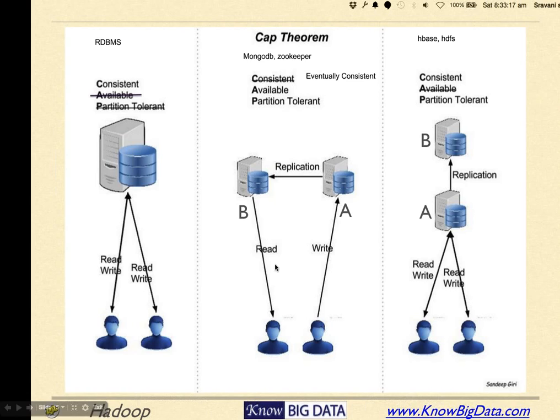So we have that. Here, in case A goes down, there is a copy of A available, and therefore it is partition tolerant. But it is still not available.